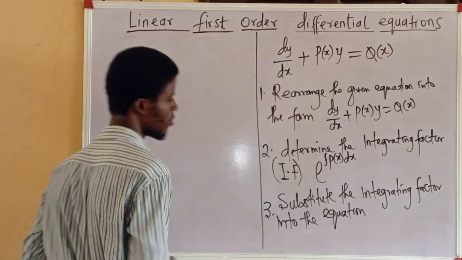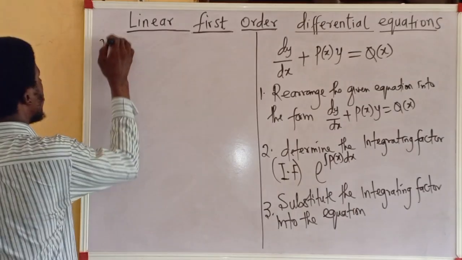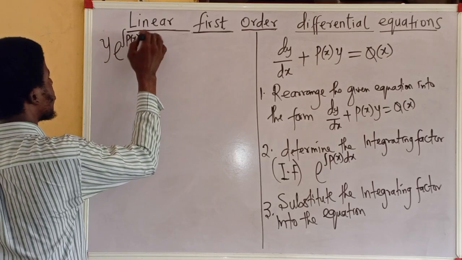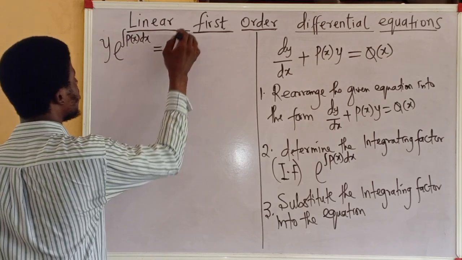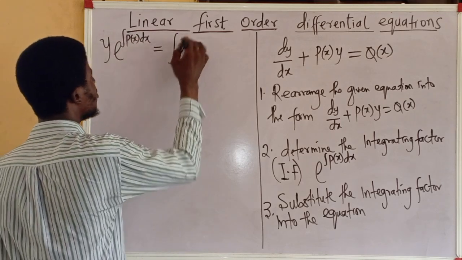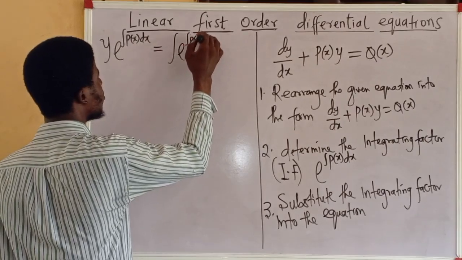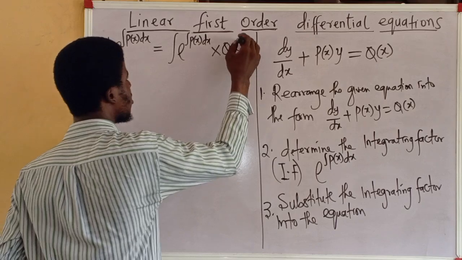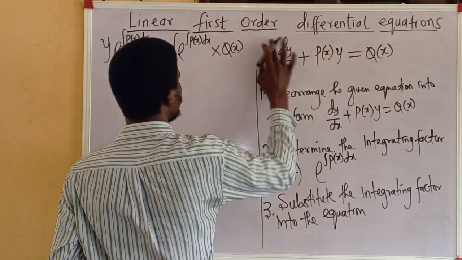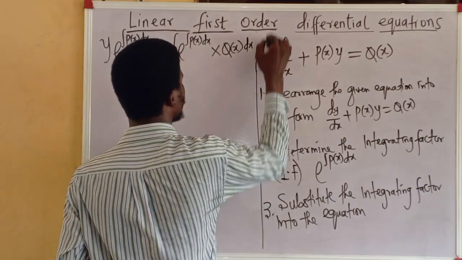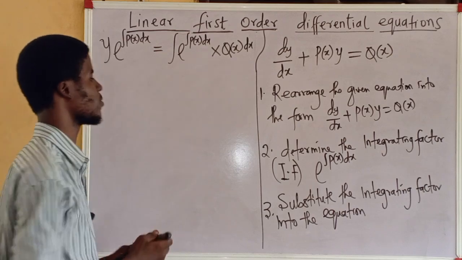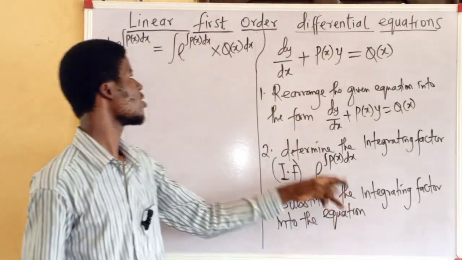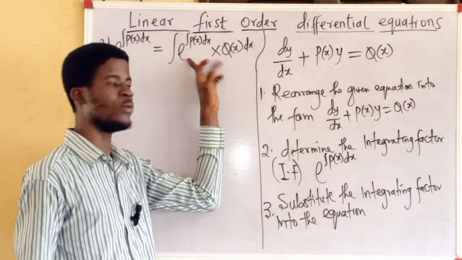Let me write it here: y times the integrating factor is equal to the integral of the integrating factor times q of x dx. This is the formula. So after determining the integrating factor, we'll plug it into this equation.